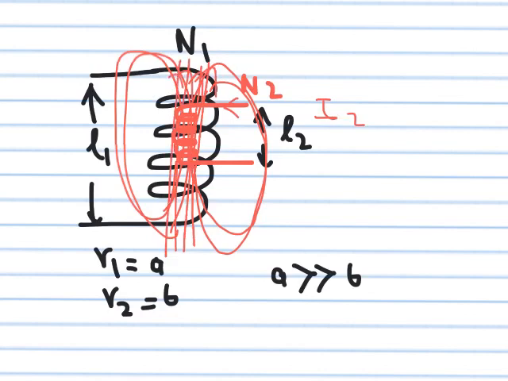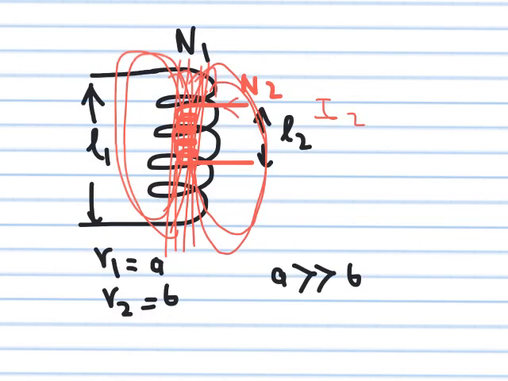So if this radius B is way less than A, then you can assume that the magnetic field in the cross section here does not change. So if I just find the magnetic flux density at the center, and then multiply it by the area, the integral of B dot ds will give you B1 multiplying by pi B squared.